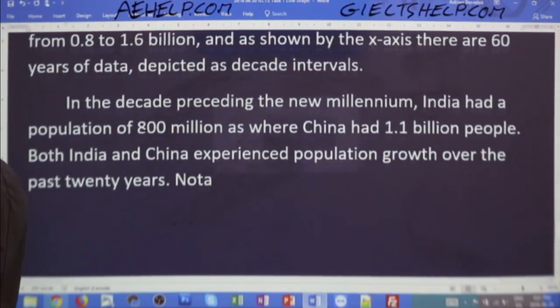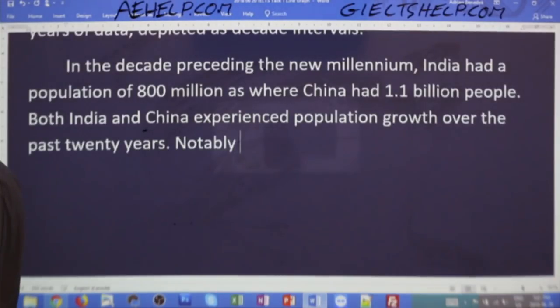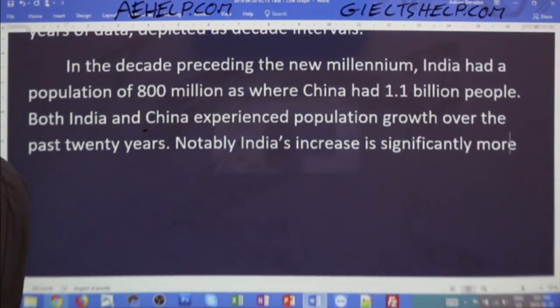Notably, India's increase is significantly more rapid than that of China's.